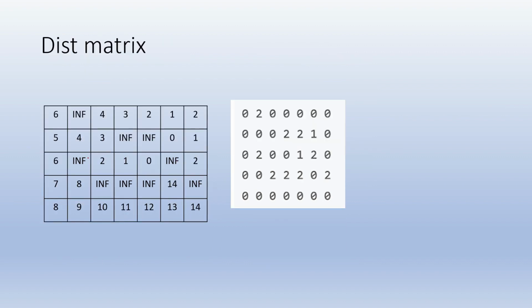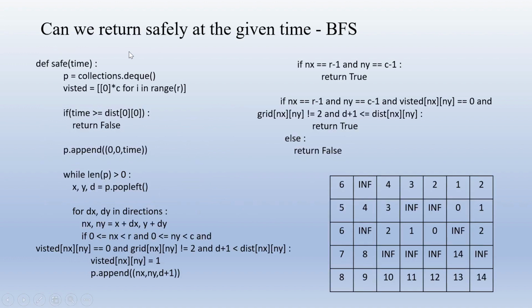This is the final matrix, in which, if we take the 0, 0 cell, 6 minutes is taken to reach the fire. The INF represents the wall cell, which the fire cannot spread to.